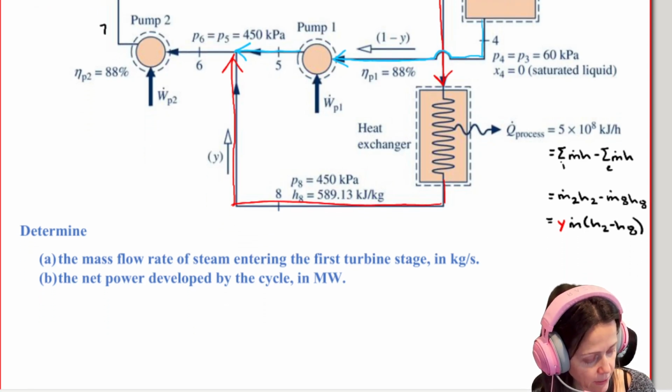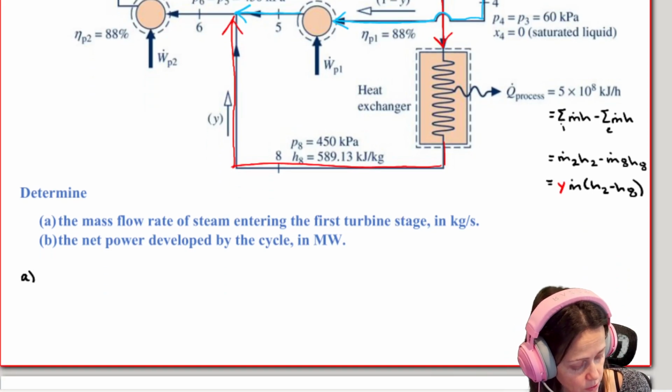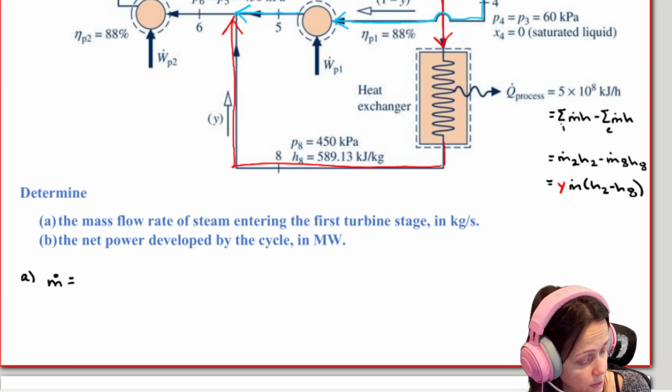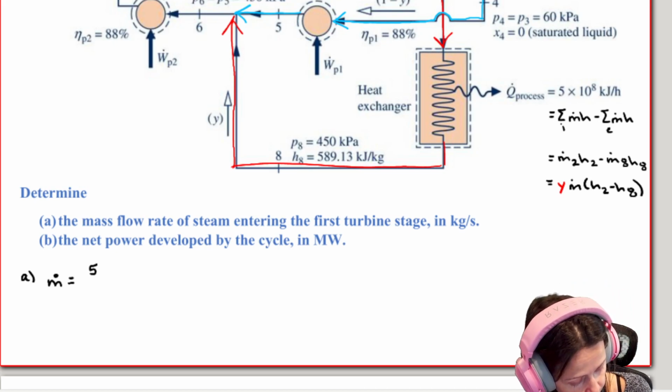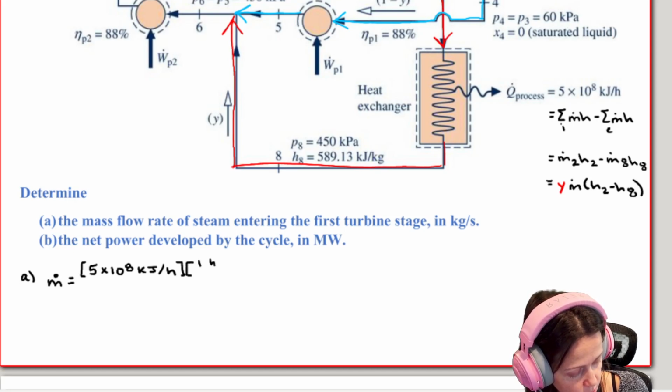And so now I can get my first governing equation. The mass flow rate of the steam, m dot, is just going to be Q dot of the process, which I'm given to be 5 times 10 to the 8 kilojoules per hour. It looks like I need things in seconds, so keep that in mind: 1 hour is 3,600 seconds.